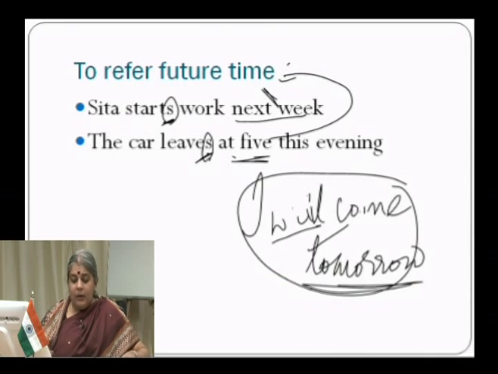Now, in all these examples, you have seen that simple present tense is used to indicate what? Timelessness. There is no specific time reference. For example, the earth revolves round the sun.